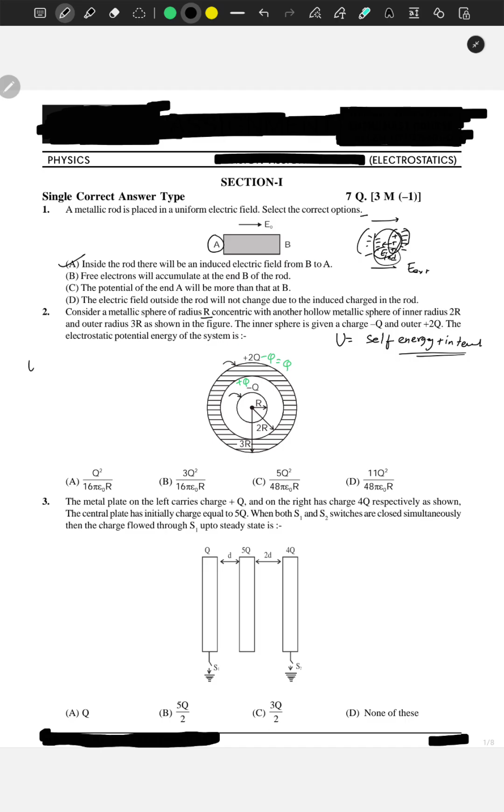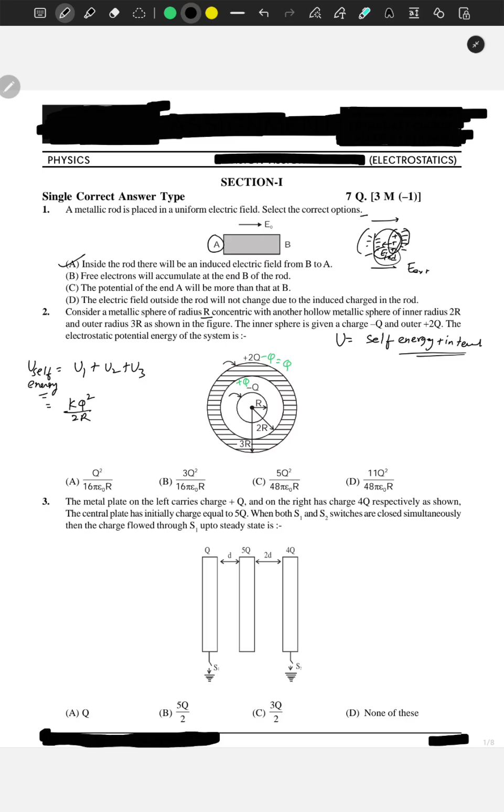I'm going to write the total self energy of all three spheres: u1 plus u2 plus u3. What is u1? I'm just going to use the formula here: K q square, since minus q square becomes q square, divided by 2r, because it has radius r.